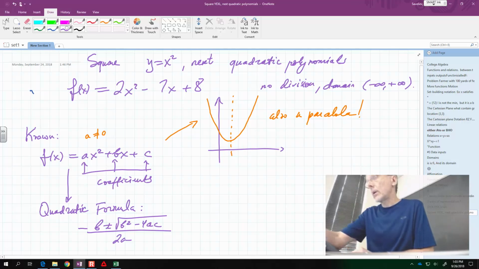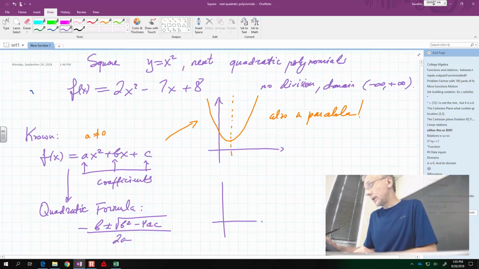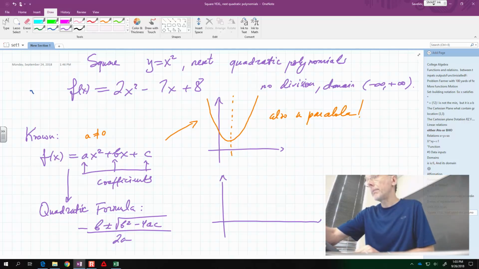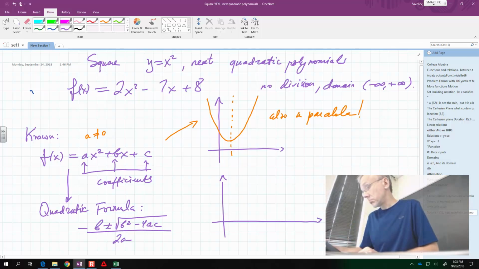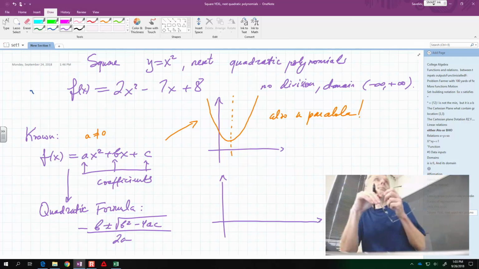So what does the quadratic formula give us? In case you don't remember, what does it give us? X. It gives us x. You have to explain what you mean by that.